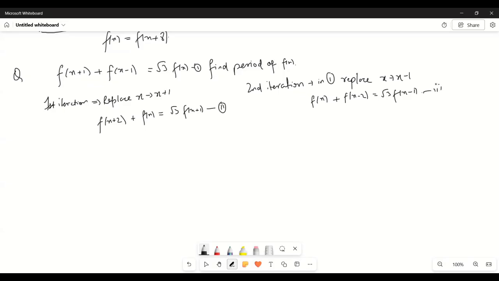Now the whole reason of doing it like this is because we have a coefficient of root 3. तो terms cancel नहीं होंगे, even if we create the similar terms. जैसे यहाँ पे f of x plus 1 है, यहाँ पे भी f of x plus 1 है, but कोफिशिएंट अलग है तो कैंसिल नहीं होगा. यहाँ पे f of x है, यहाँ पे f of x है.